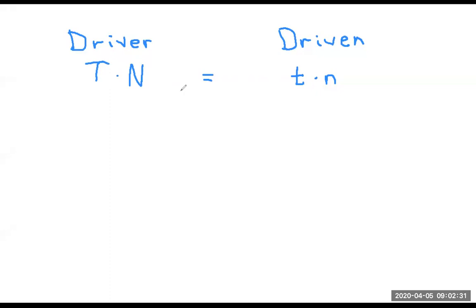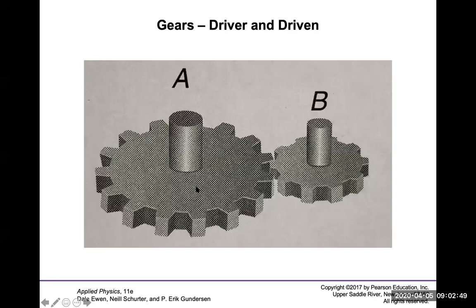And so when we're analyzing gear setups, and there's going to be more than 2 gears, we have to analyze who's the driver and who's the driven. And that's pretty easy to do. We'll look at pictures mainly to learn that. So let's go back to the slides. Here we usually go left to right. So A is the driver and B is the driven. And there's a shaft in each of them.